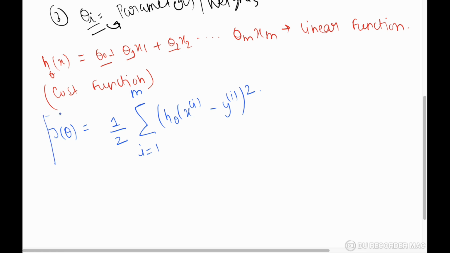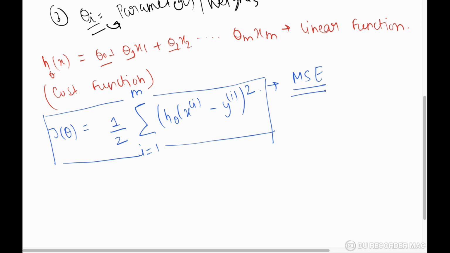This is our cost function. This is basically the mean squared error. Why so? Because we are defining the error, we are squaring it and then finding the mean.